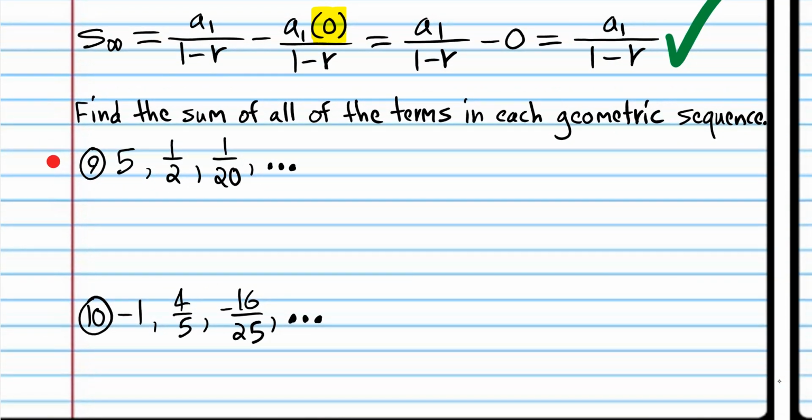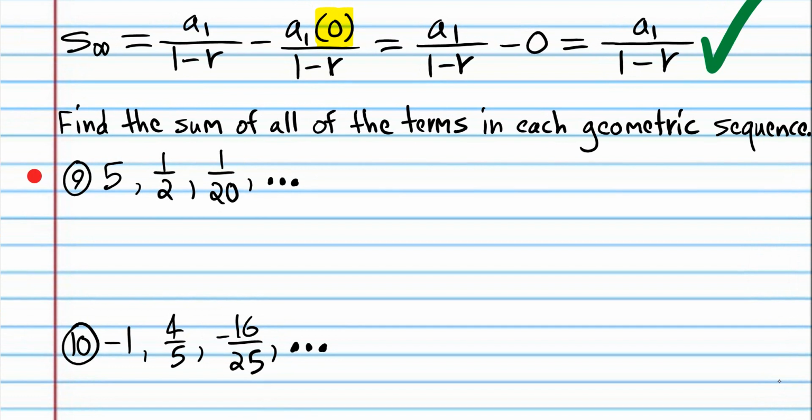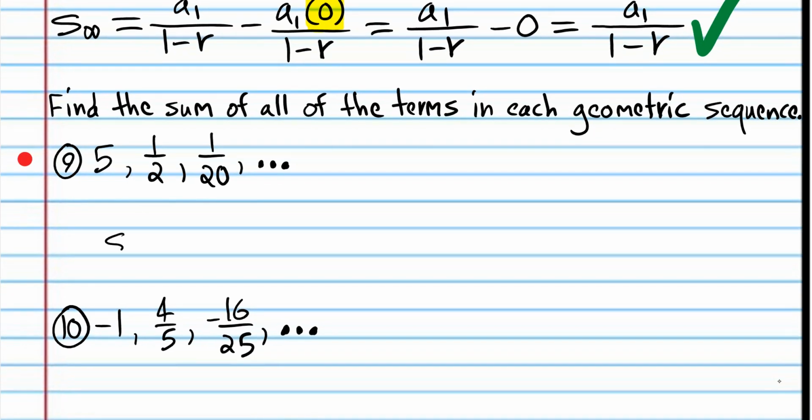So it says, find the sum of all of the terms in each geometric sequence. Again, this ellipsis tells us that the sequence continues indefinitely, so there's an infinite number of terms. So we're going to use our formula.